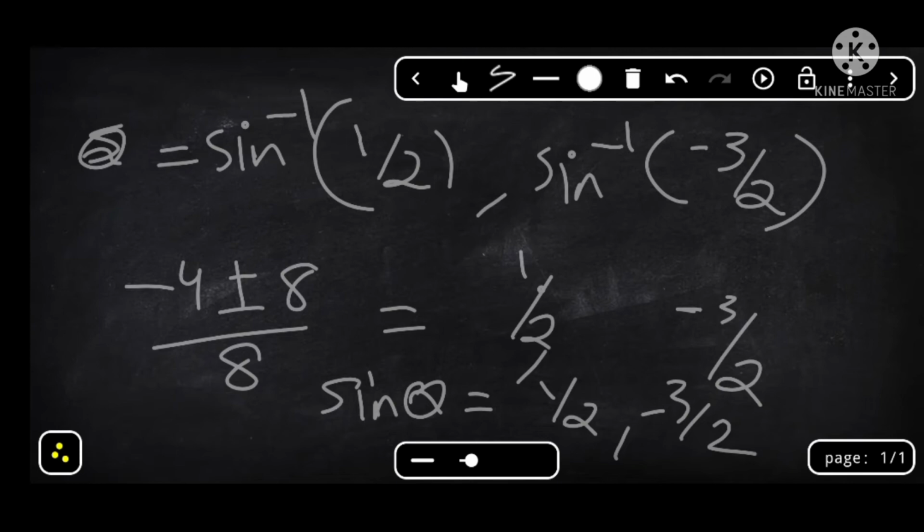Yes, so this is how you can solve for theta. Okay, now here this 1 by 2 will not come in the range of theta, because the range of sine theta is between minus 1 and 1.